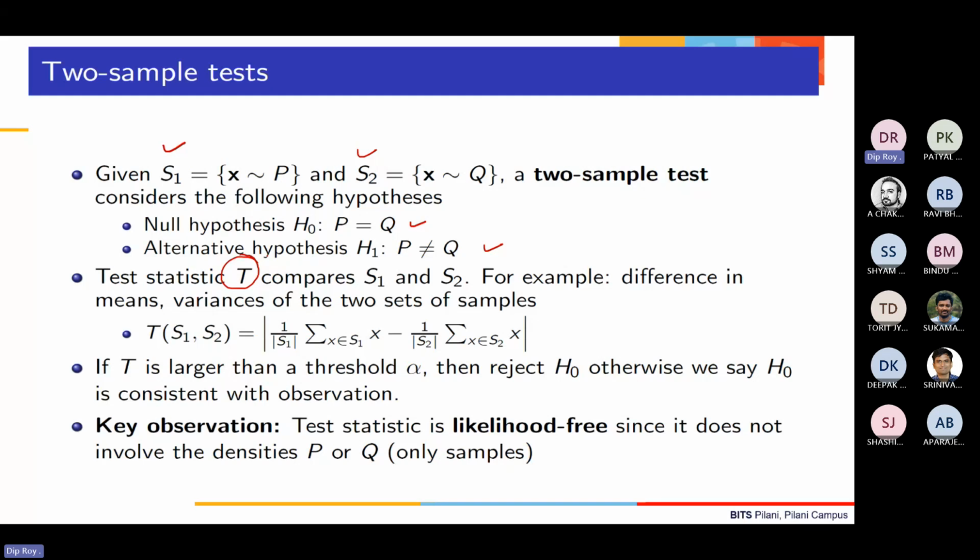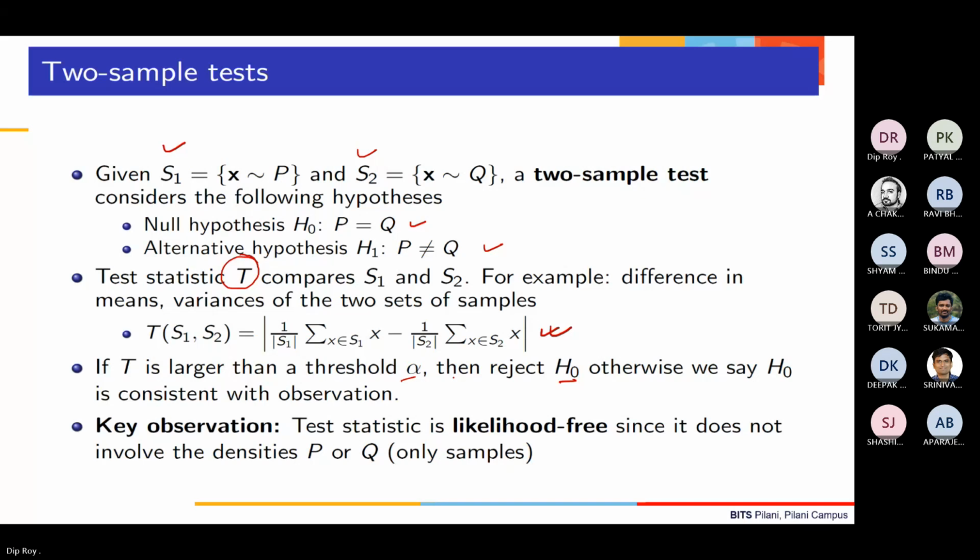These test statistics can be of various forms. You can compare the mean of two distributions, you can compare the variance of two distributions, and so on. In this particular case, we are comparing the mean of the two distributions. And we say that if T is larger than a threshold alpha, then reject the null hypothesis. Otherwise, we say the null hypothesis is consistent with the observation.